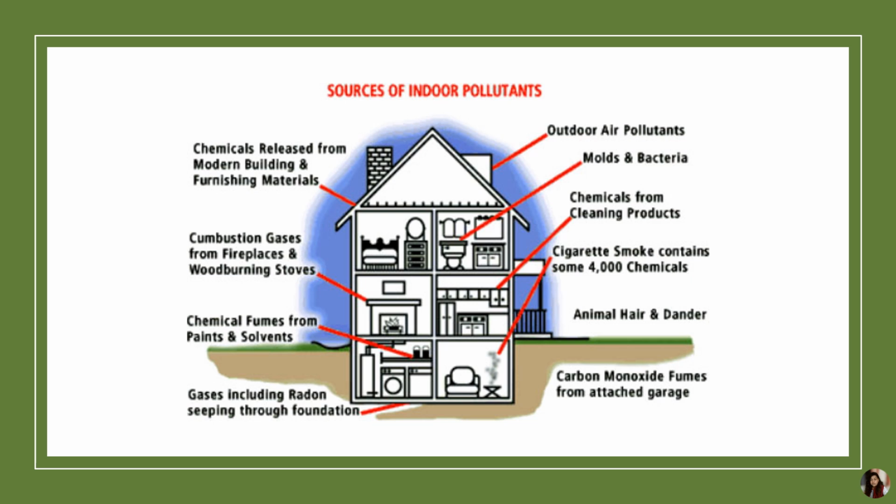They include foul smells, molds in the home, chemical products like VOC products, cigarette smoking, room fresheners, animal hair, carbon monoxide, gas stoves, burning fireplaces, and modern building furnishing materials. All the chemicals surrounding us are one of the sources of pollutants.